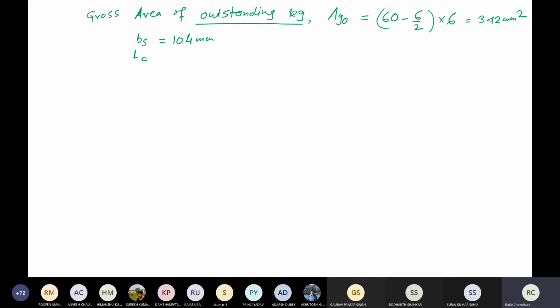What is LC? LC is the length, which we have already calculated. So I'm just redefining it again: length of the end connection.